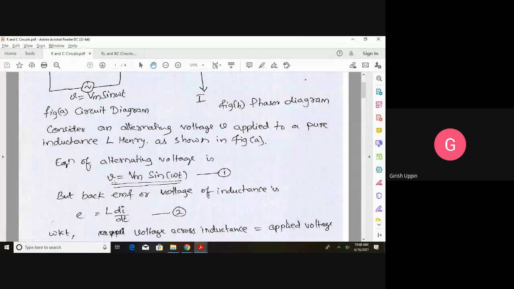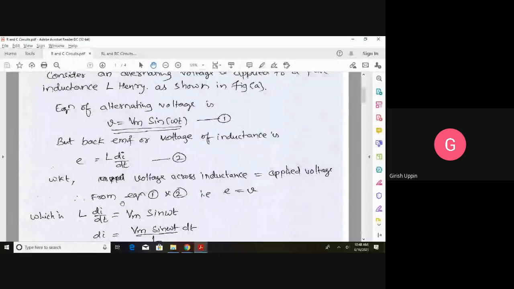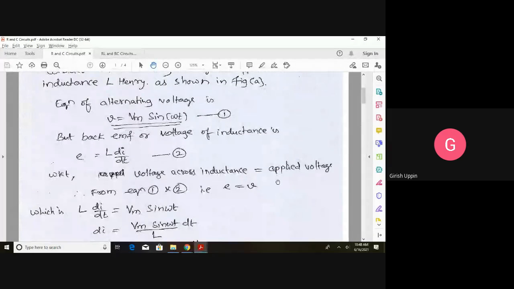Therefore, we can say the voltage across the inductance is equal to the applied voltage. Whatever voltage is dropped across the inductance would be exactly equal to the applied voltage. From equations 1 and 2, we can say e, lowercase e, which is nothing but the voltage across the inductance or the back EMF, is equal to the applied voltage V.